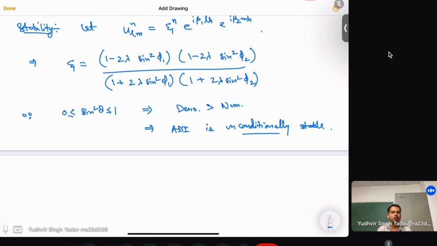So this scheme is a better option to solve a two-dimensional heat equation in a more efficient and easier way, as it is also an unconditionally stable scheme.